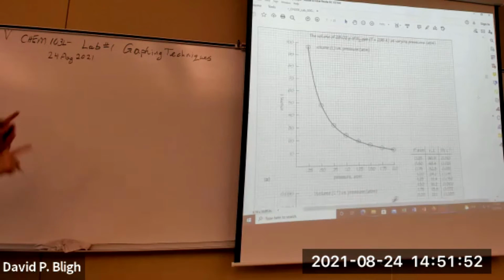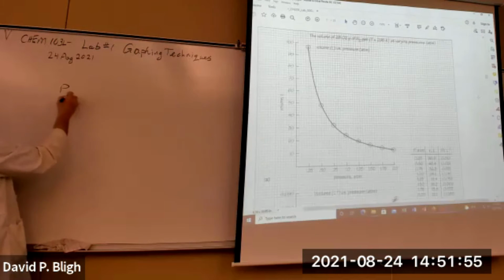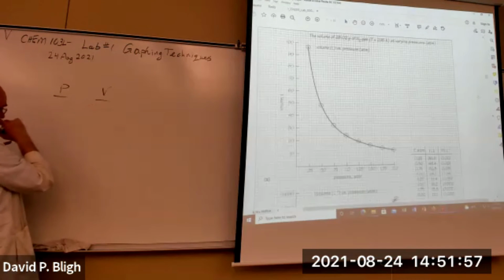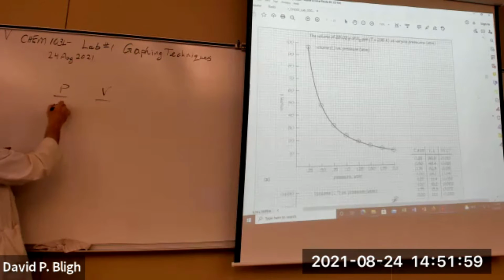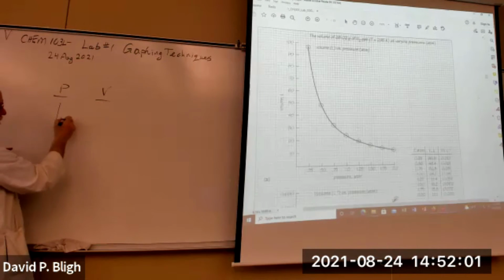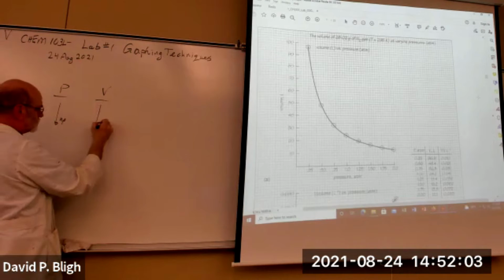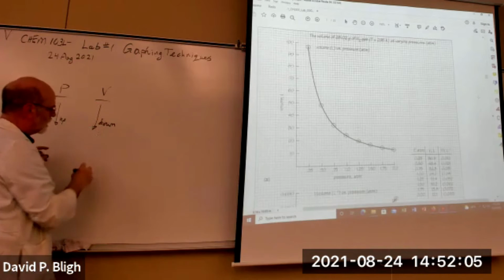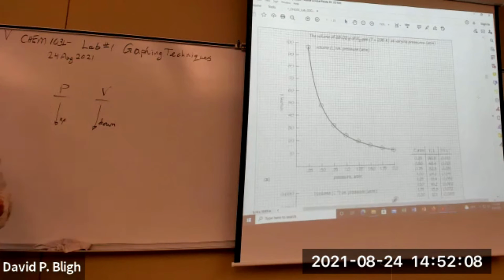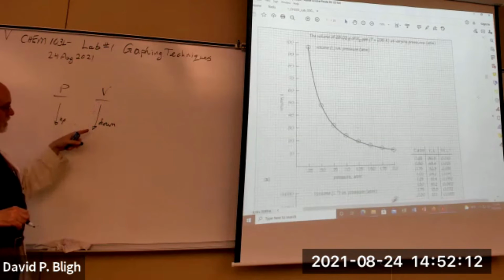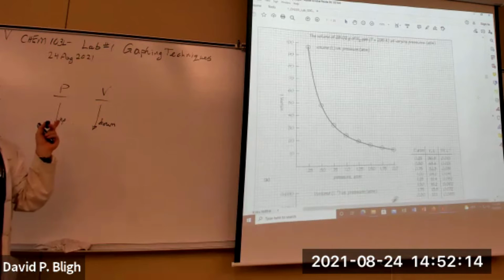If you've got pressure and volume, like this, and as the pressure goes up, the volume goes down. What if we take the inverse of volume? As this one goes down, if we take the inverse, it should go up.